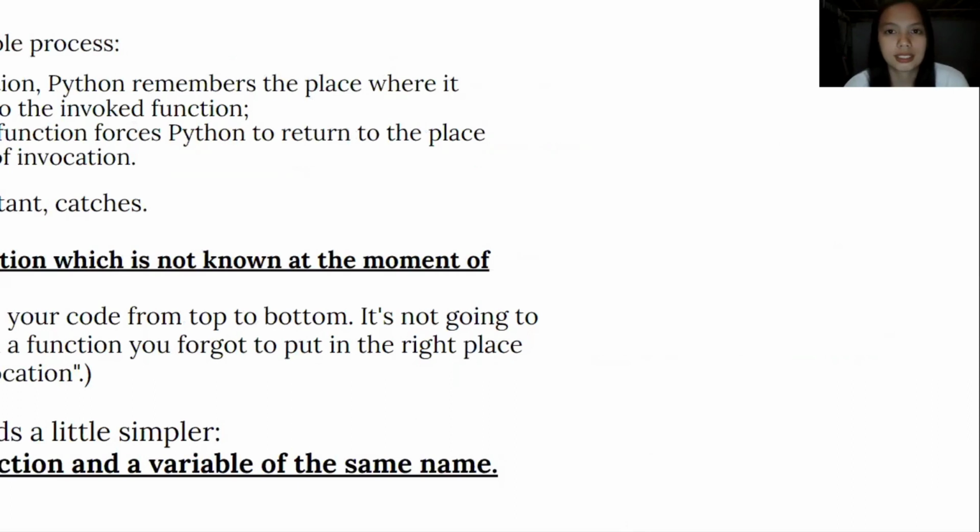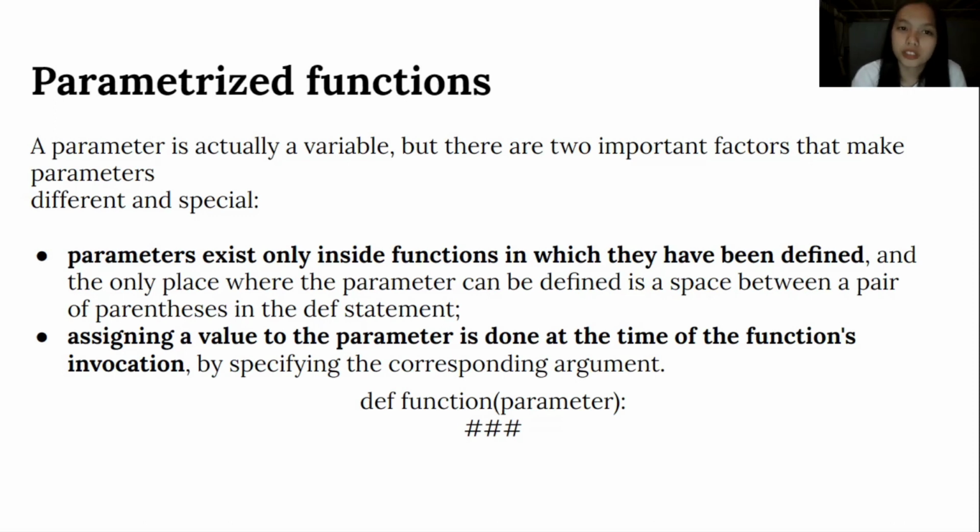So, next. Parameterized function. A parameter is actually a variable, but there are two important factors that make parameters different and special. First, parameters exist only inside the function in which they have been defined.